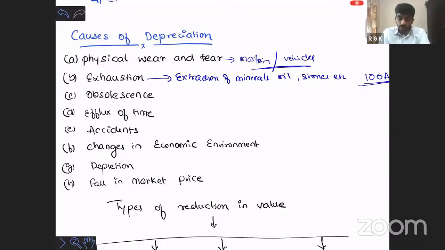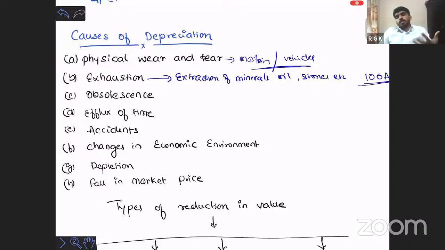Next is depletion. So what do you mean by depletion? Depletion happens in the case of natural resources. Some natural resources may be assets for you.